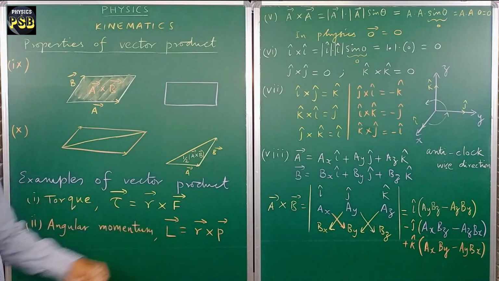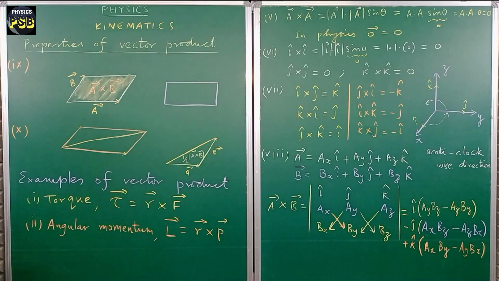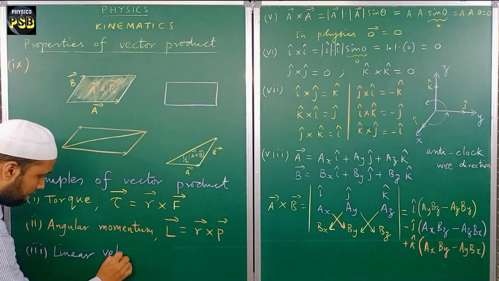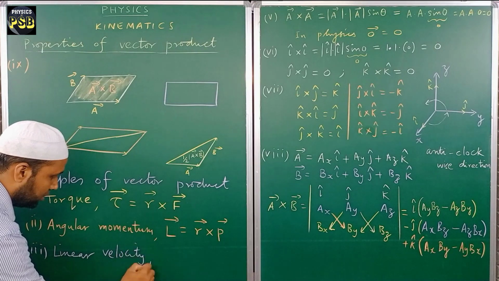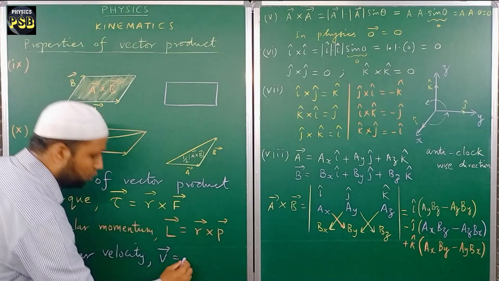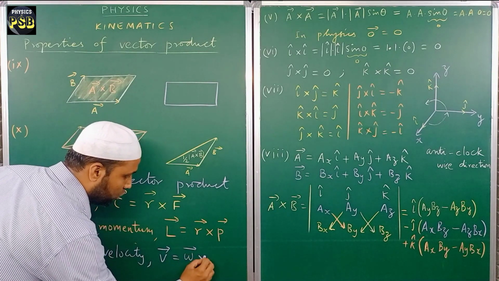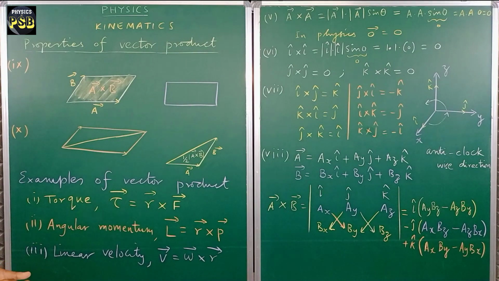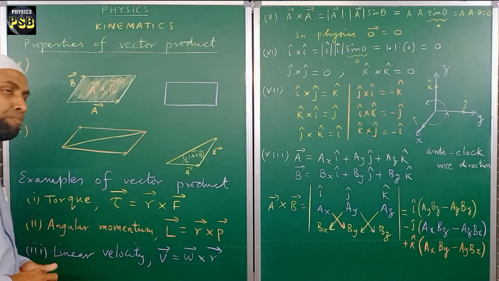When it is multiplied with the position vector, we get the angular momentum. Third, we have linear velocity. V vector is found to be equal to omega vector cross R vector. So these are some of the examples of vector product.